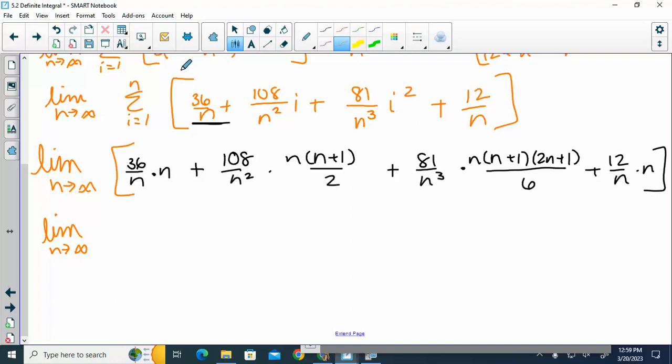All right. So, let's see. This would be 36. 108 divided by 2 is 54. So you get 54 n over n. Plus 54 over n.